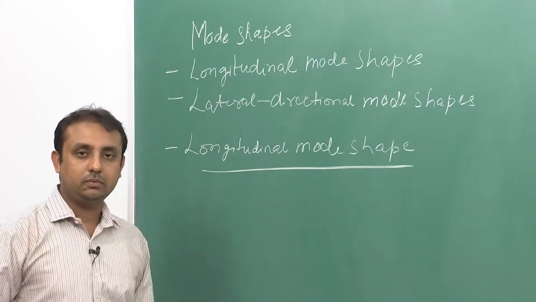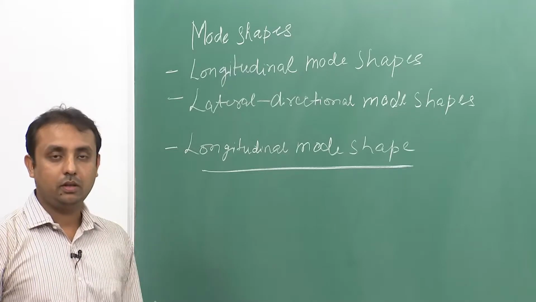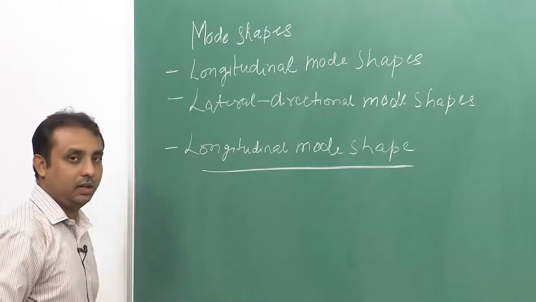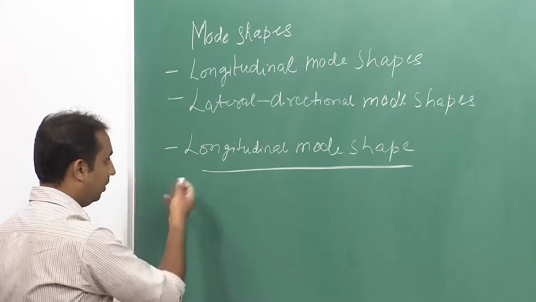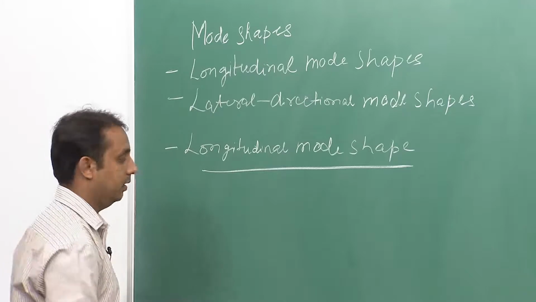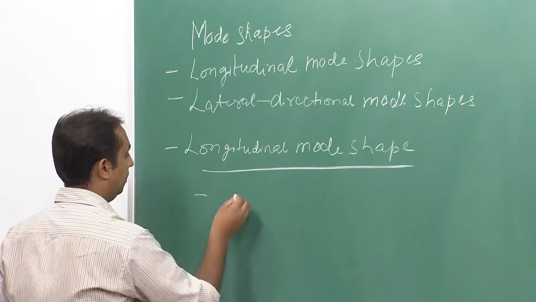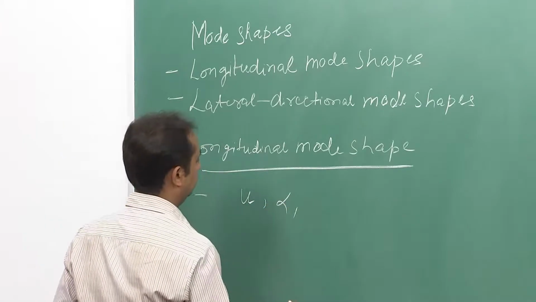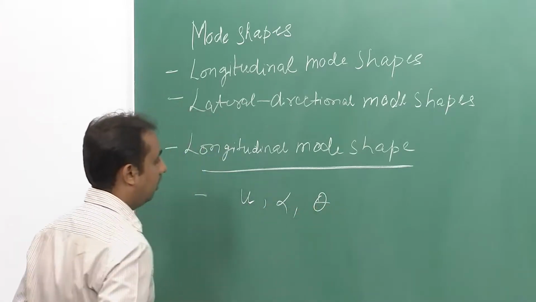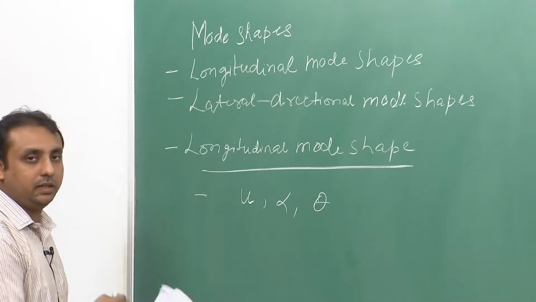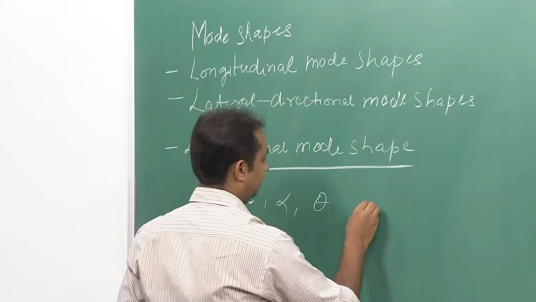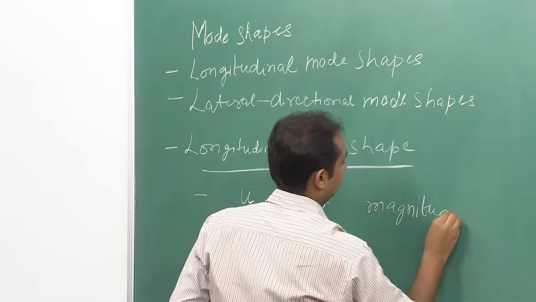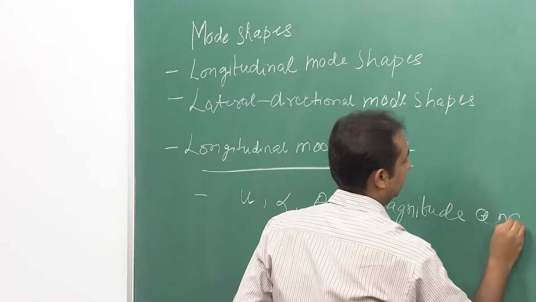Now, the first question which comes to mind is what is a mode shape? A mode shape is basically the relation between your longitudinal variables, that is u, alpha and theta. What will be the relationship, or how they will affect each other in terms of magnitude and phase?